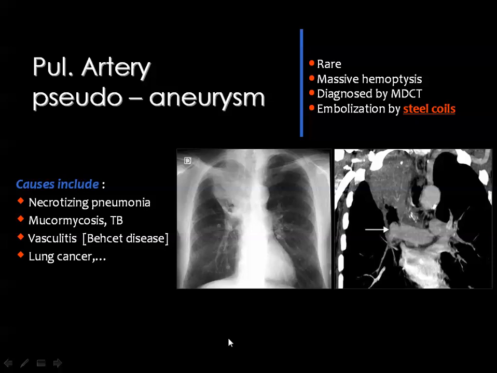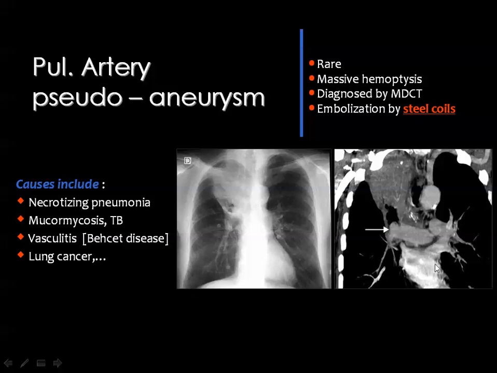And also, you remember I have mentioned this example before, which is the pulmonary artery pseudoaneurysm secondary to bronchogenic carcinoma. This patient had a bronchogenic carcinoma in the right upper lobe that has eroded the pulmonary artery on the right side, with a resultant small pseudoaneurysm here, which is liable to rupture anytime.